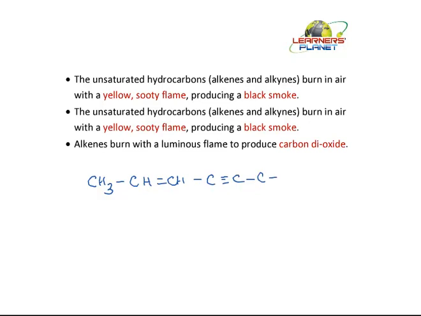Okay? So in this, what are we finding out, students? We are finding out that there are fewer hydrogen atoms and more carbon atoms. So when the number of carbon atoms is more, what happens? It requires lots of oxygen to burn. If they are burnt in air, air contains a lesser amount of oxygen, so they will burn with a yellow sooty flame, producing smoke.